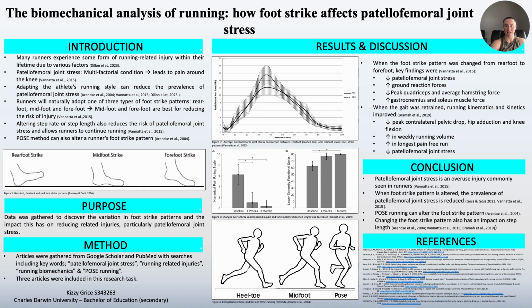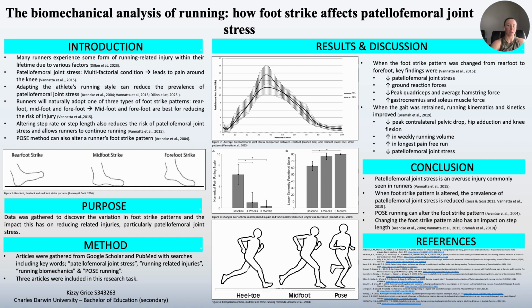Patellofemoral joint kinetics and kinematics can be altered by training a rear foot strike pattern out of the person's running style. This then allows the athlete to be more of an economical runner and will ultimately save them in the future of having patellofemoral joint stress and pain.